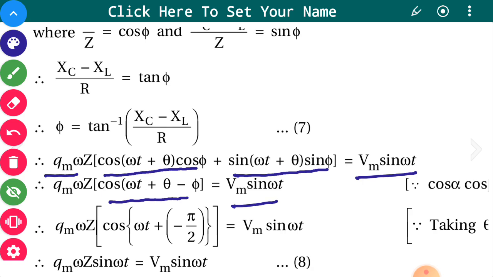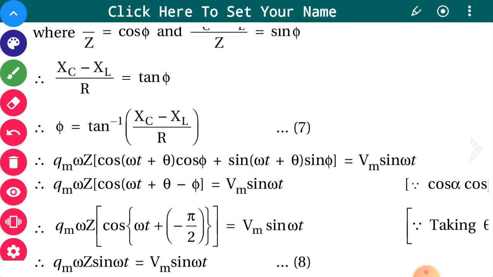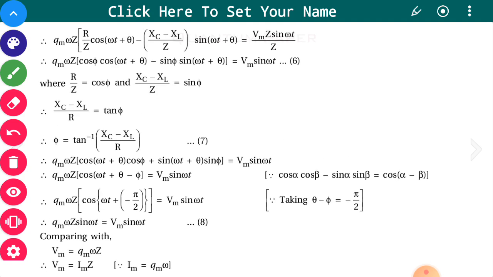Now here, taking theta minus phi is equal to minus pi by 2. This identity is also used here: cos alpha cos beta plus sin alpha sin beta is cos(alpha minus beta). So that equation we have utilized here, and we are taking theta minus phi as minus pi by 2.